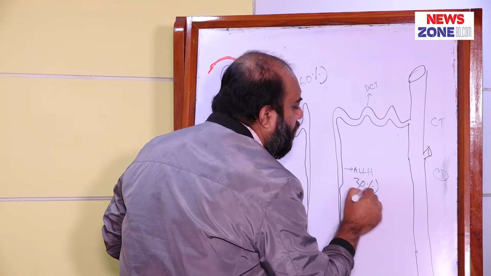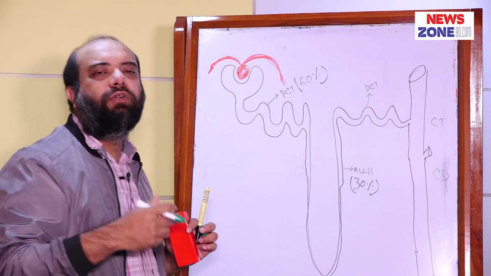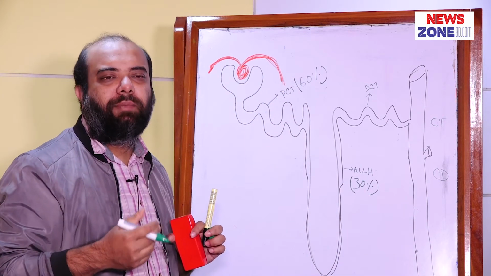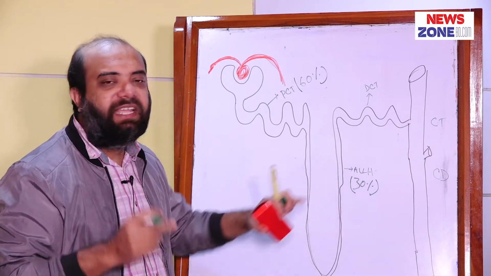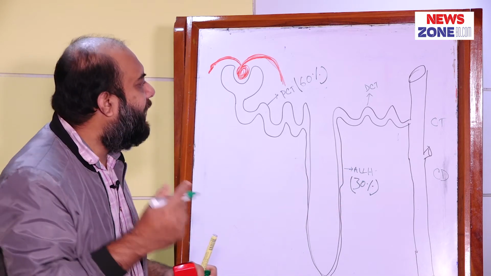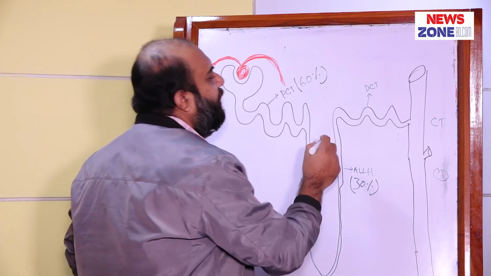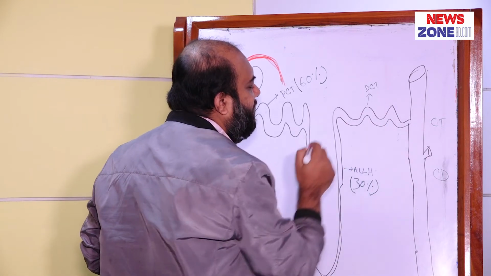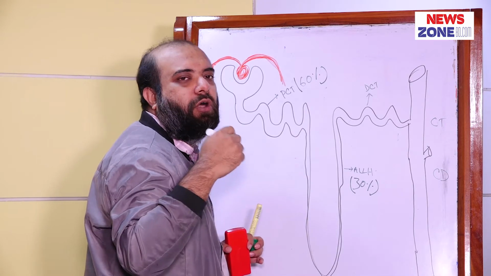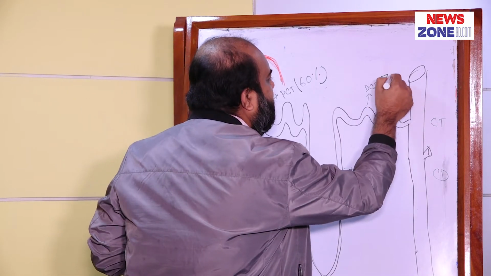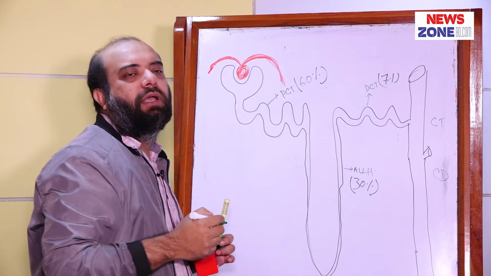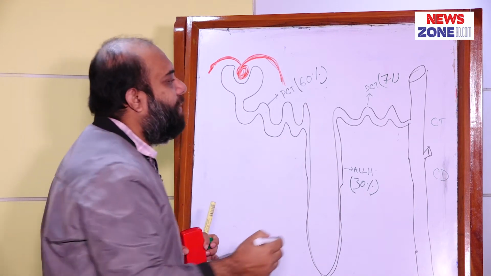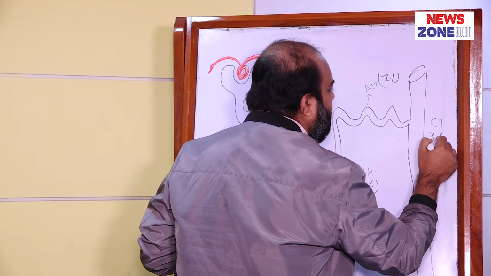So, 30% of the total tubular load of sodium ion is reabsorbed from the thick segment of ascending limb of loop of Henle. Now, how much sodium is reabsorbed from the distal convoluted tubule? It is almost about 7%. And from the collecting tubule and collecting duct, it is about 3%.